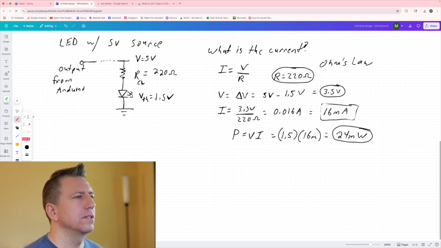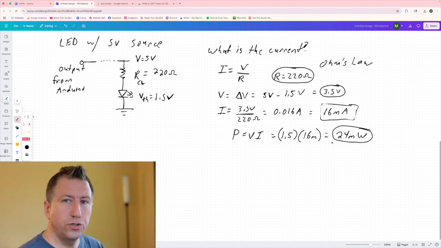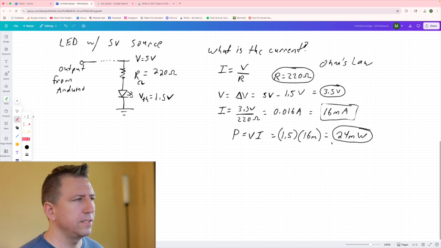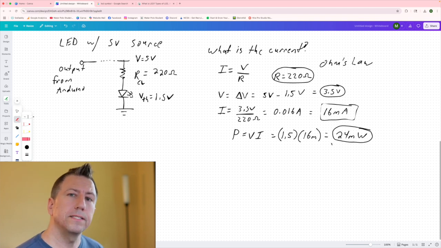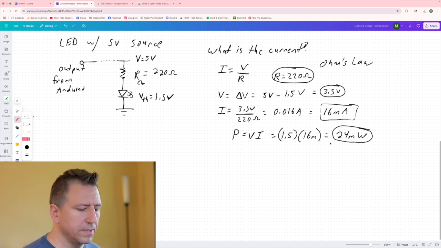And so the power that is delivered to the LED is 24 milliwatts. And then anything that goes to heating and things like that will be removed. It's called the efficiency of the LED. And then whatever is remaining is converted into that light energy that we see and call brightness. And so there's what we have, okay?